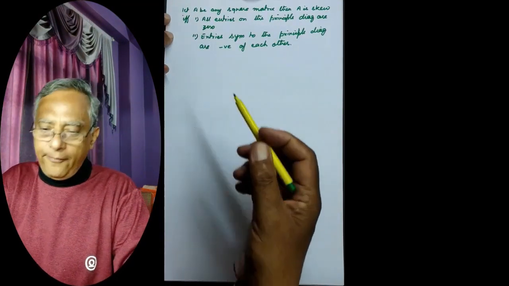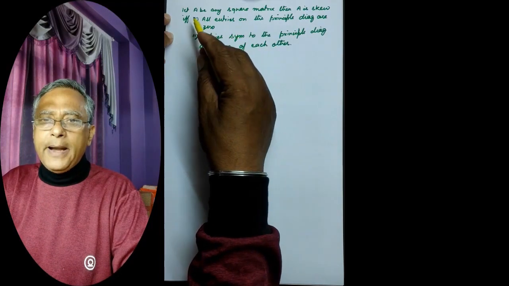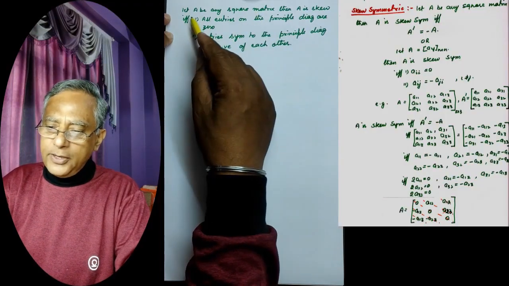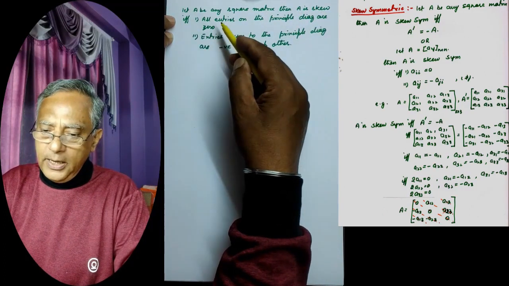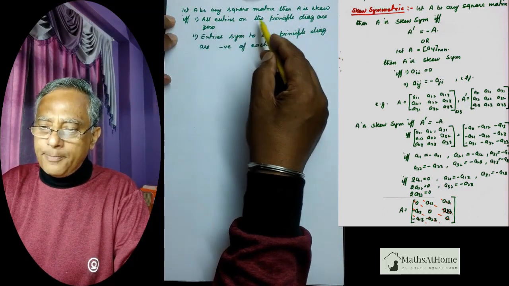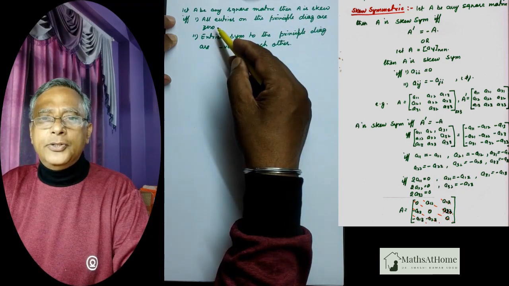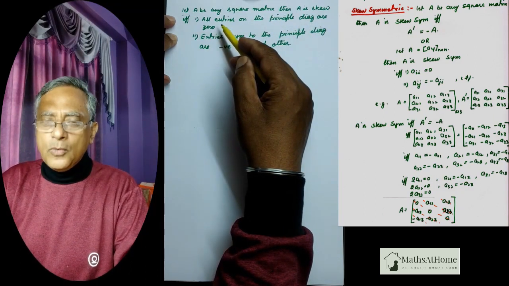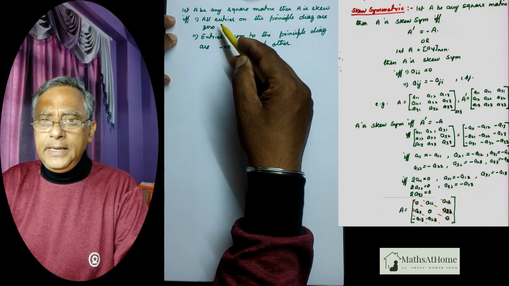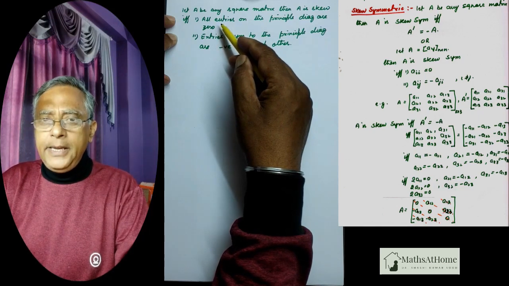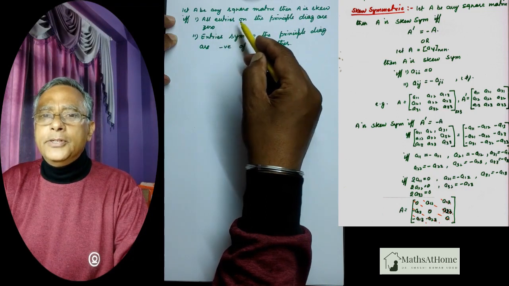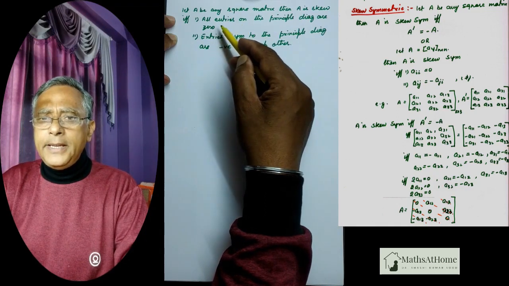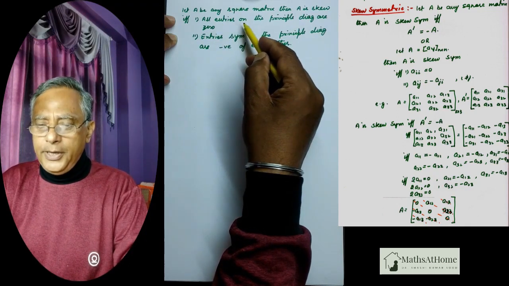So we can also define a skew symmetric matrix as: let A be any square matrix, then A is skew symmetric if and only if all entries on the principal diagonal are 0. That is, all entries aii for which row and column index is equal must be 0, because for diagonal entries i is equal to j.